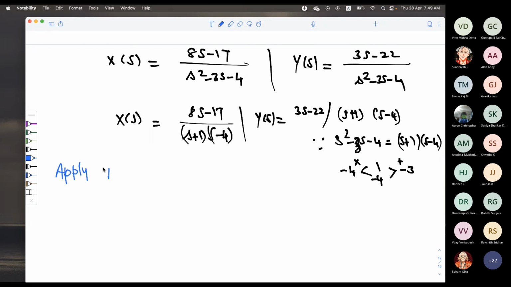Sir, I think it should be s square plus 3s minus 4. What, ma? Sir, it should be s square plus 3s minus 4, this one. Yes, sir. So in the Y(s), you check the denominators once, sir.